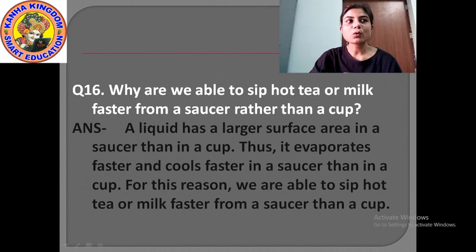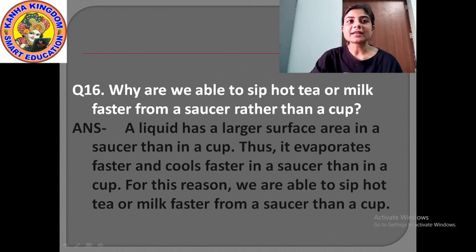So students, now question number 16. Why are we able to sip hot tea or milk faster from a saucer than a cup? I repeat, why are we able to sip hot tea or milk faster from a saucer rather than a cup?